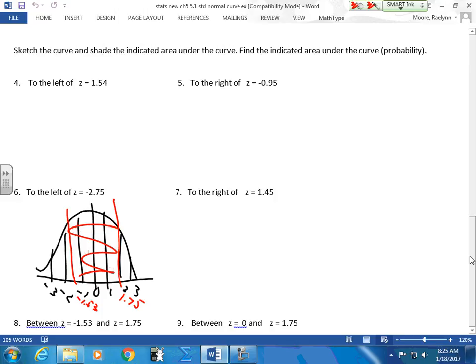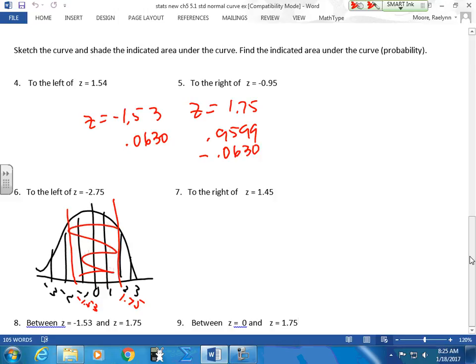So now the in-betweens. Sorry, I'm going to have to bring this up here. I look both of these areas up. All I want to do is look them up. What do I do to the areas? Subtract them. I can't get a negative area. So I have to subtract the larger minus the smaller.